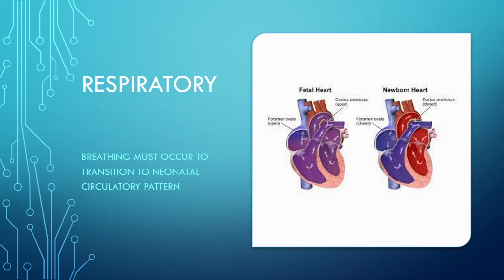Other things that can cause low surfactant levels include severe or persistent hypoxemia and acidosis. That causes the pulmonary vessels to fail to fully dilate, and therefore the foramen ovale and the ductus arteriosus don't close, and now you have unoxygenated blood flowing throughout the rest of the body.